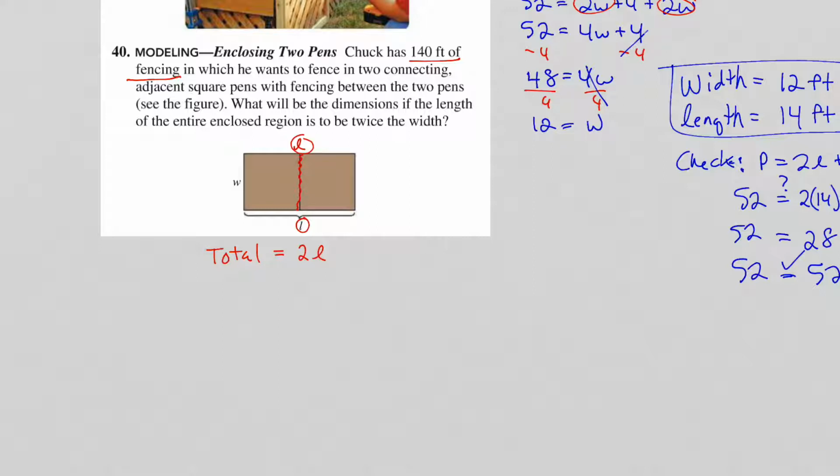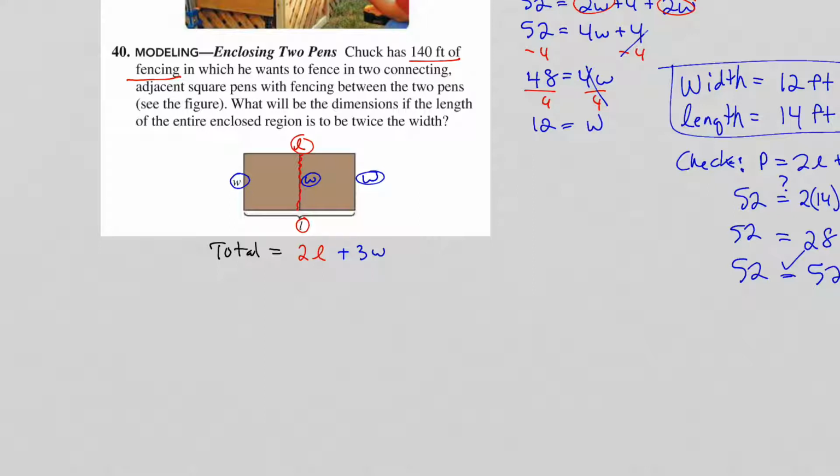And then the width, we have a width here and a width here, but it's not going to be 2W because there's another width right there. So we got 3 W's. Okay, so 2L plus 3W.